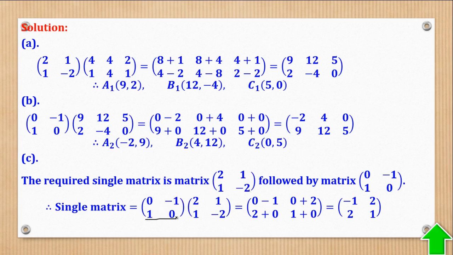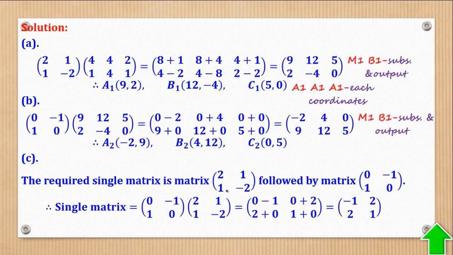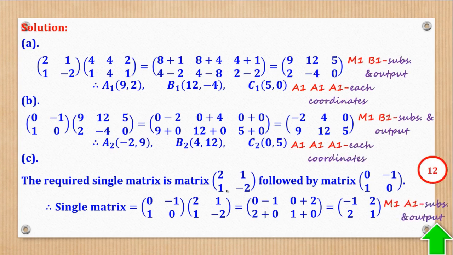Then again row by column to give you this, and row by column to give you that. So in the end, you come up with this as the required single matrix. So note the order. Some students, when they see this followed by this, they write this here and this here. That is not okay. The last should be the first. And that's how the 12 marks were awarded.